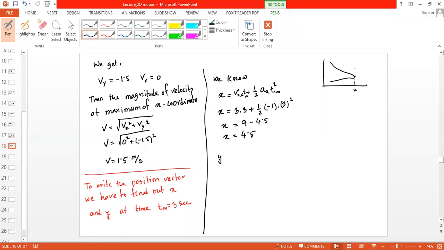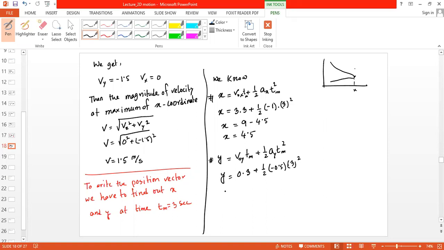And same again, y, the value of y is equal to v naught y tm plus 1/2 ay tm square, y component নিয়ে কাজ করতে হবে. So y is equal to v naught y, which is 0, into tm 3, plus 1/2, my ay was minus 0.5 and tm is 3 whole square.